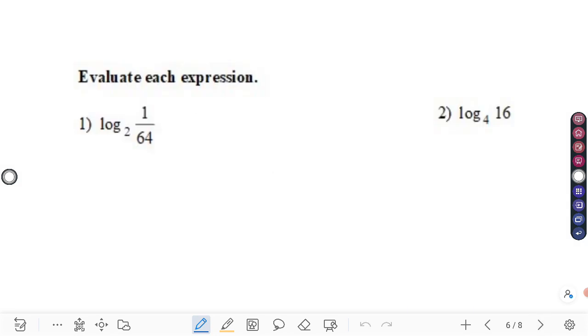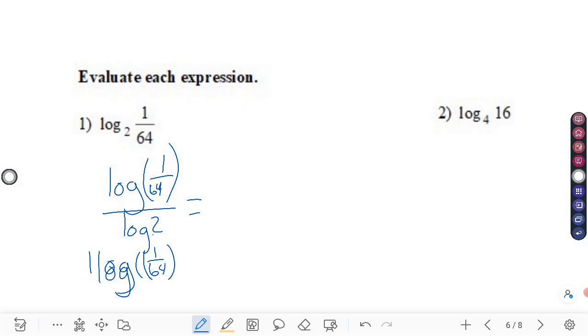Okay, so we're going to calculate these with a calculator. I know you can do these because there are common bases on these, but we're going to type it into the calculator and see what you get. When you type these into the calculator, it will automatically put parentheses in, or it'll just disappear.